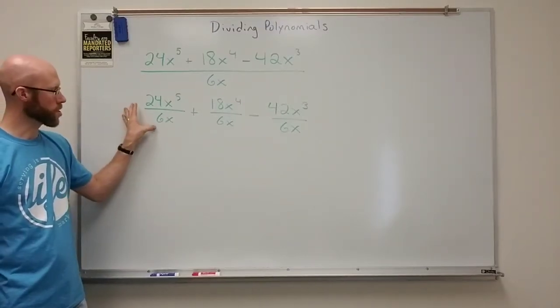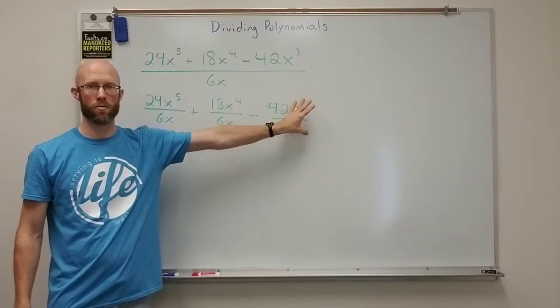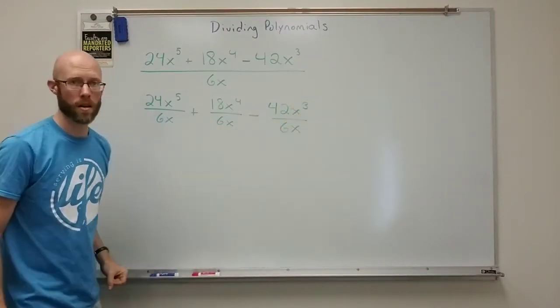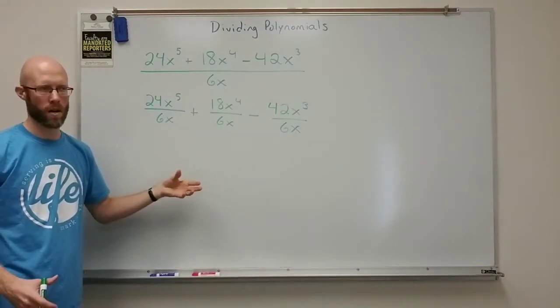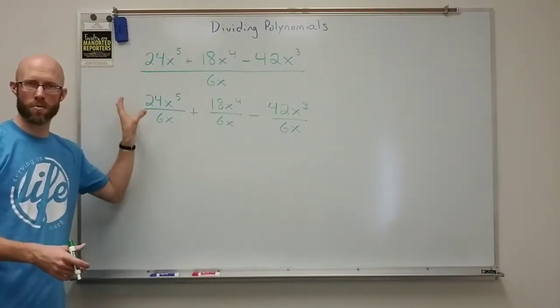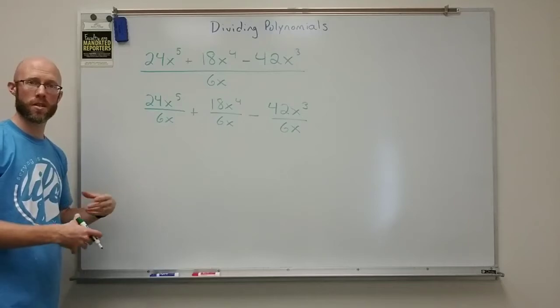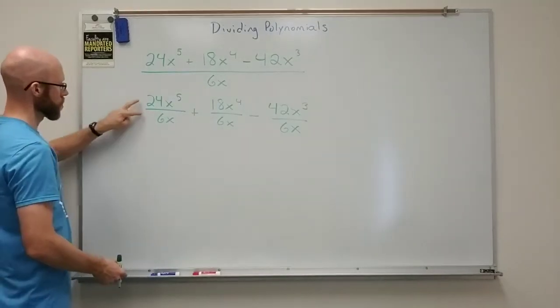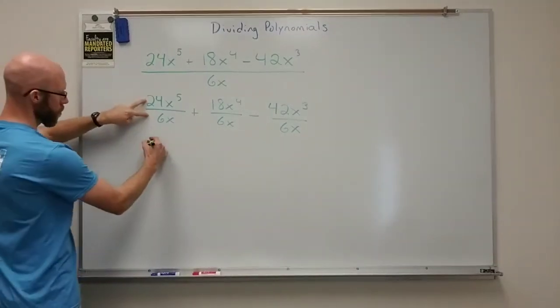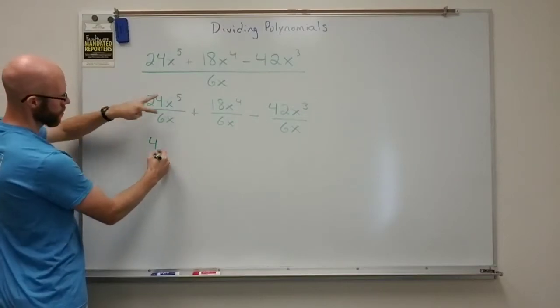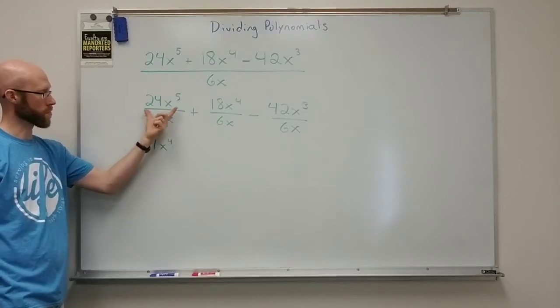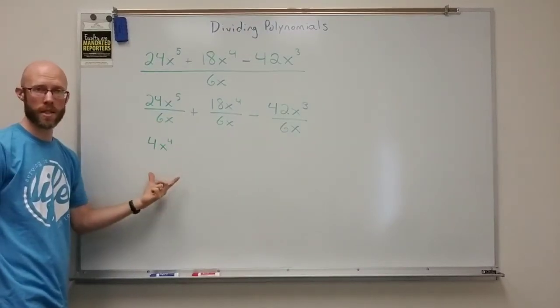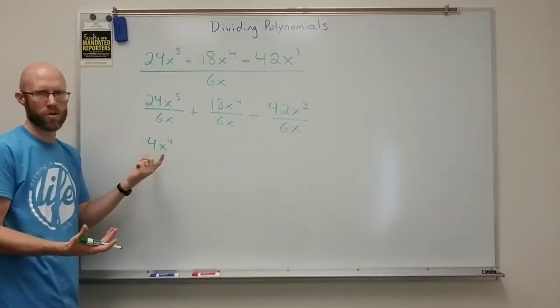And now I can use that to simplify each of the three fractions separately. So it's kind of undoing the whole finding an LCD process. We're kind of reducing them back down to things that aren't the same. So 24 over 6 is 4. x to the 5th over x is x to the 4th. So I get 4x to the 4th. And this fully reduced, I don't have a denominator now, or my denominator is 1 technically.